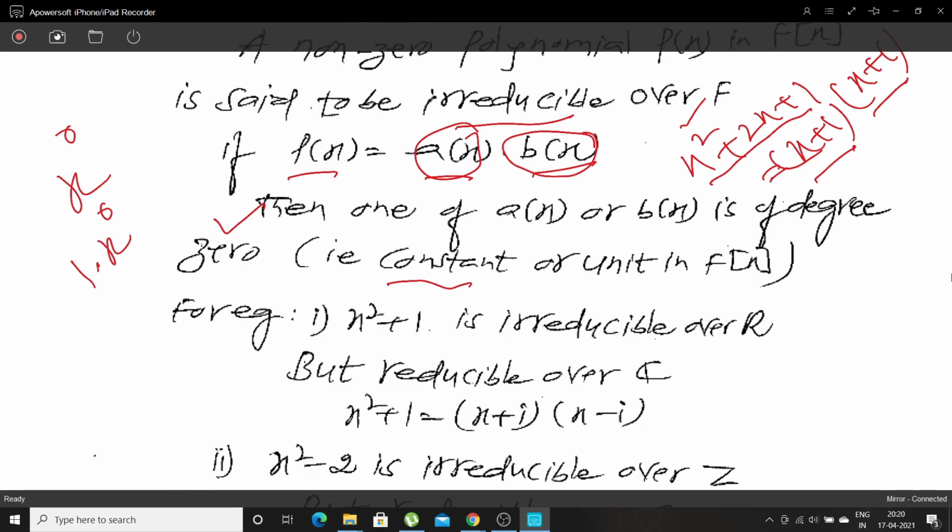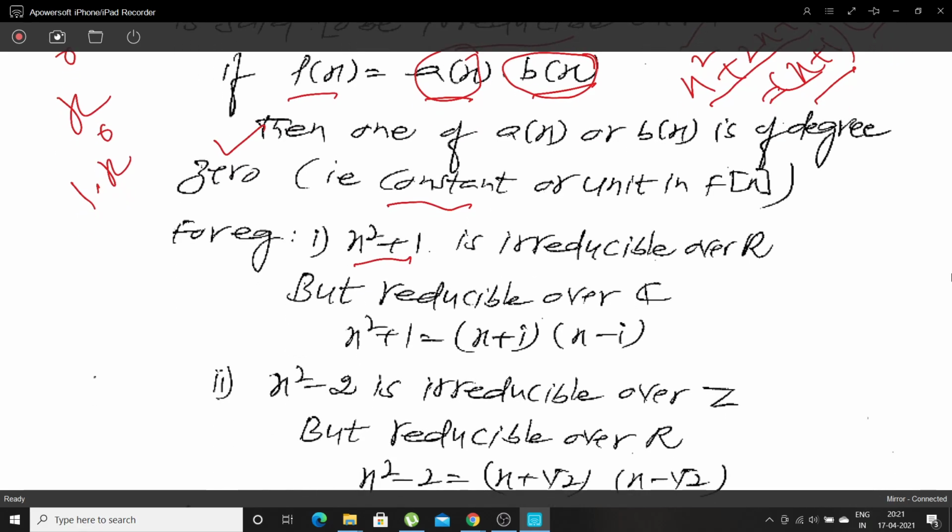x square plus 1 is a polynomial of degree 2. This is a quadratic, quadratic means degree 2. It is irreducible over R. Over R means if it is the set of real numbers, we can't split this one into polynomials of lower degree. But it is reducible over the set of complex numbers.